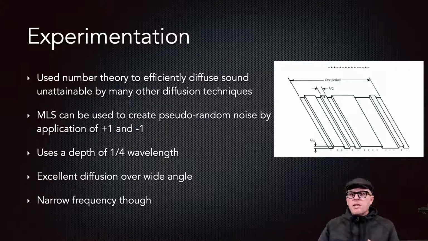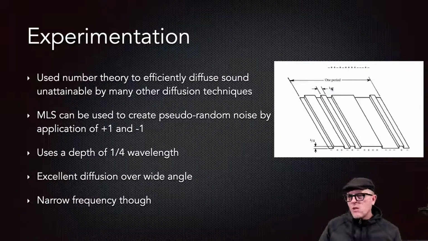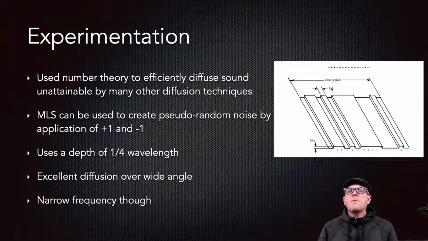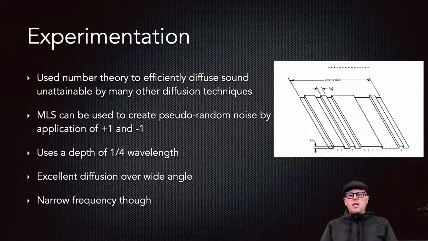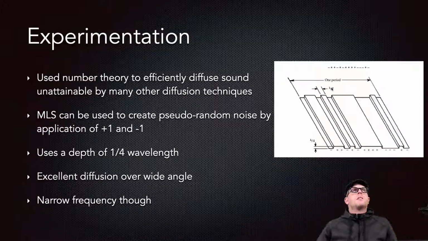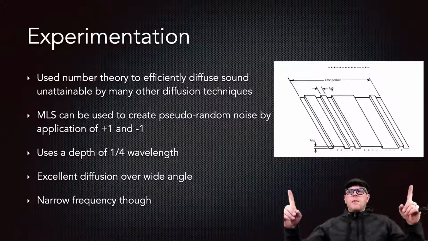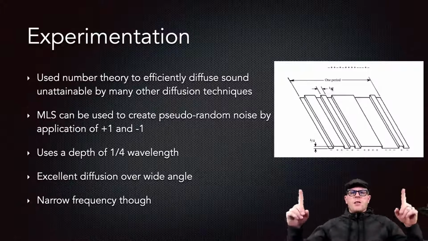Basically he determined that the well width is going to be a half of a wavelength. So if I took, let's say, 1 kilohertz, for example, 1 kilohertz has a wavelength of 344 millimeters, so 34 centimeters long.